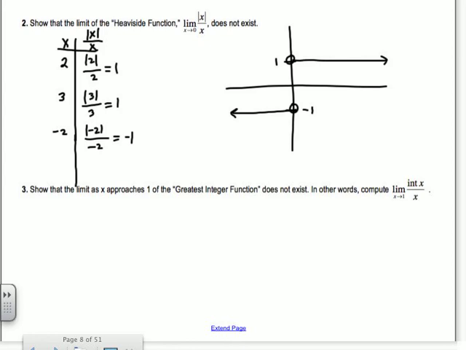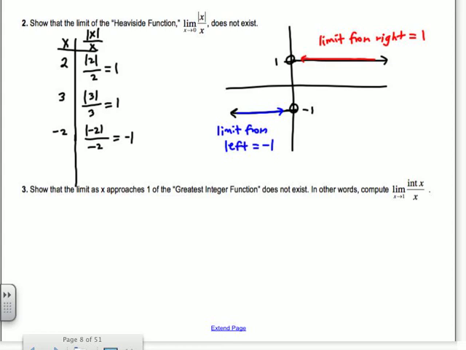So why does this limit not exist? As I get closer and closer to 0 from the right, so if I'm going along the right, what's my y value getting closer and closer to? It can be open. What y value? 1. As I go towards 0 from the left, so I'm going this direction, it's -1, right?